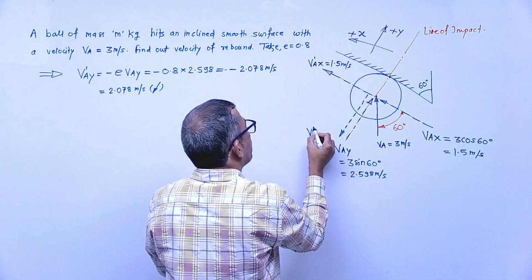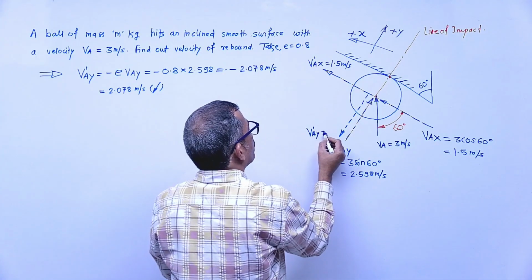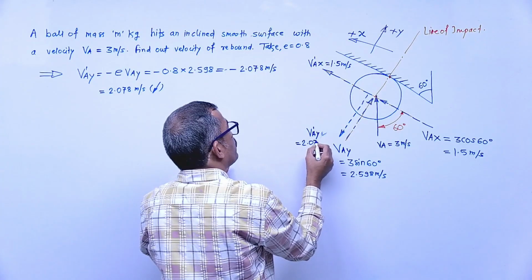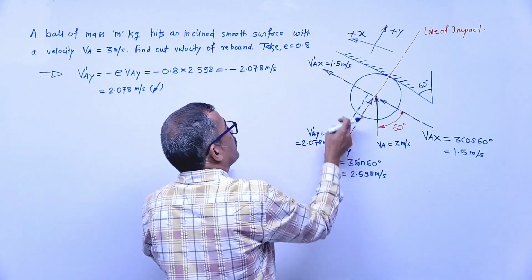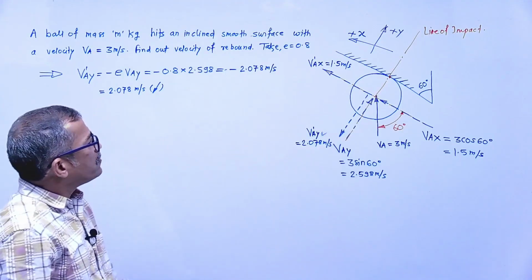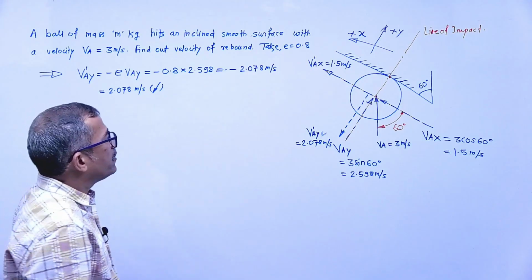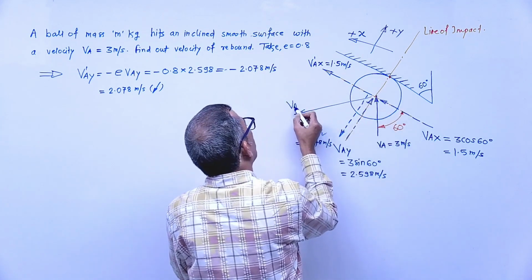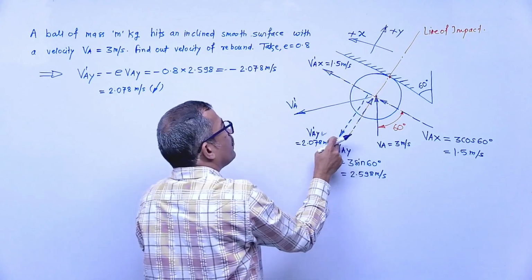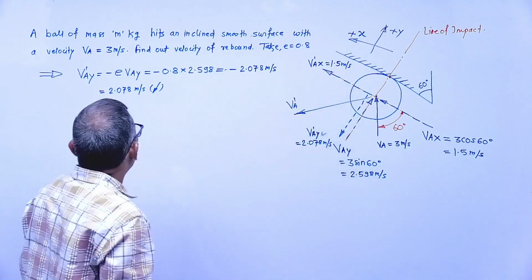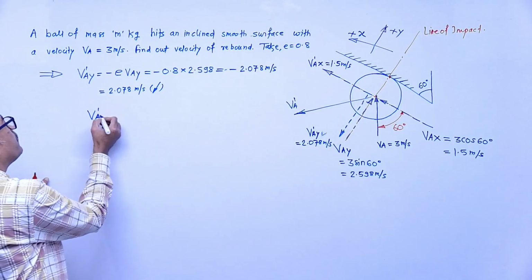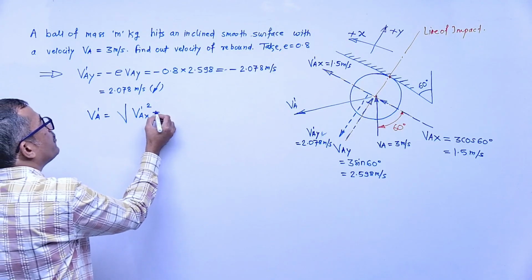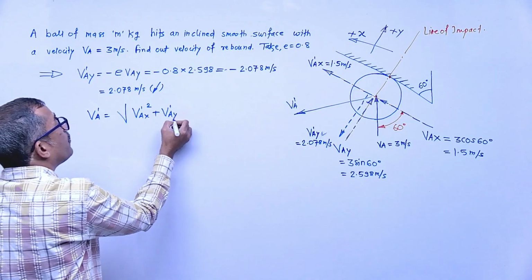Va dash y is equal to 2.078 meters per second. Now you have two components, and the resultant you can find here. The resultant of these two is Va dash. If we construct a rectangle, one component is this, the other component is that, so Va dash, applying the Pythagoras theorem, is the root of Va dash x square plus Va dash y square.